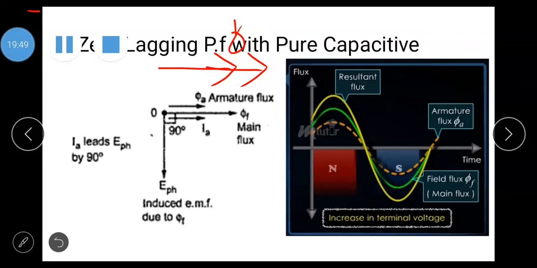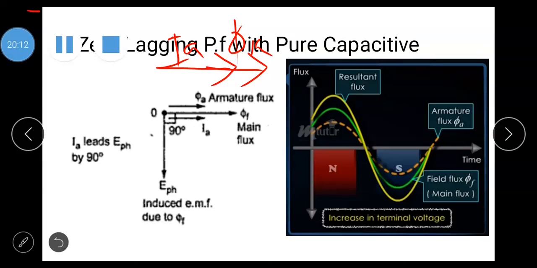This is the armature flux, this is the armature current. If you notice here, both the armature flux and the main flux are in the same direction, or the same phase.